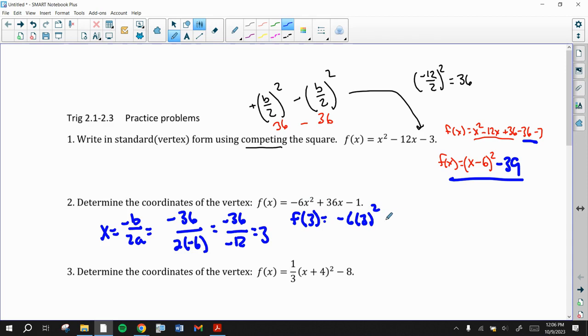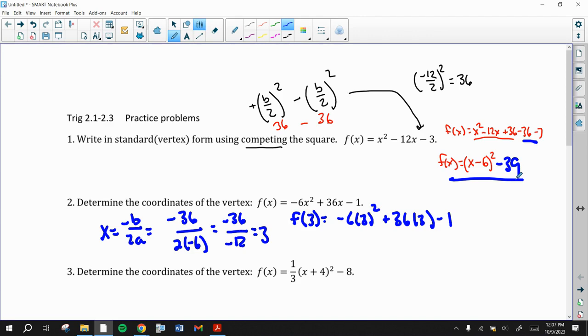So negative 6 times 3 squared plus 36 times 3 minus 1. I'm going to do it carefully on my calculator. So negative 6 times 9 plus 36 times 3 minus 1.